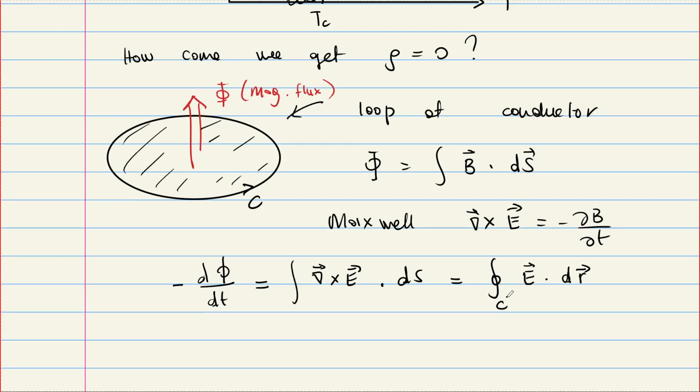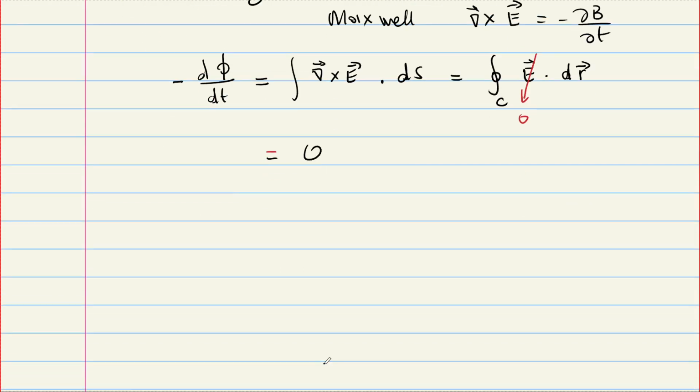But we said E inside the superconductor is 0. That's not 100%, but almost the defining property. We'll see what is the 100% defining property of superconductors in a little bit. Then this is equal to 0. That means the change in flux is 0, so flux is constant in the superconducting phase.